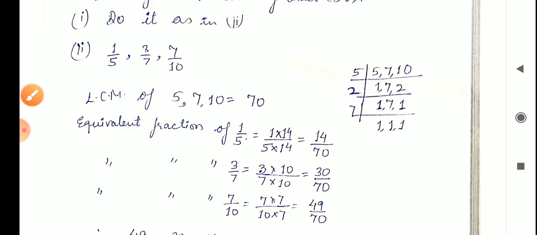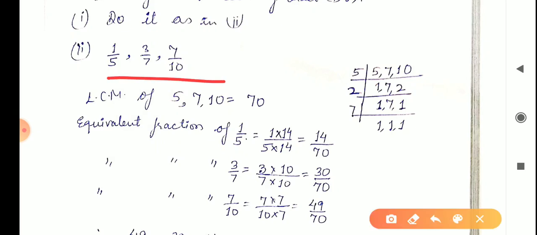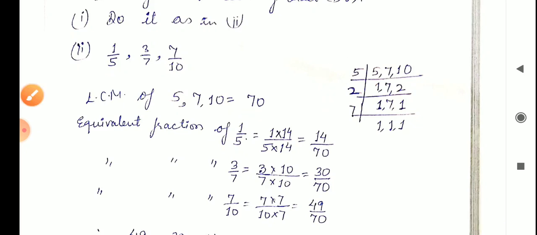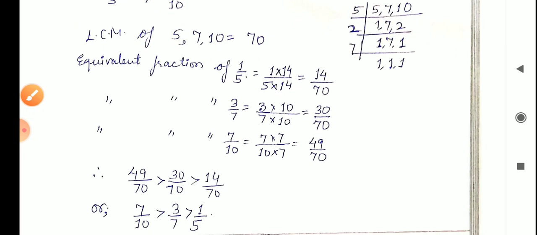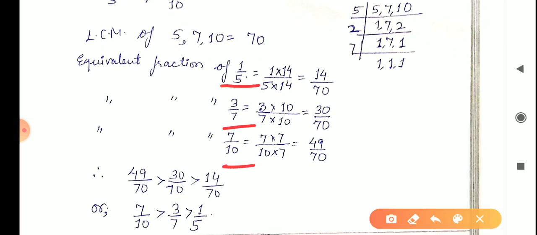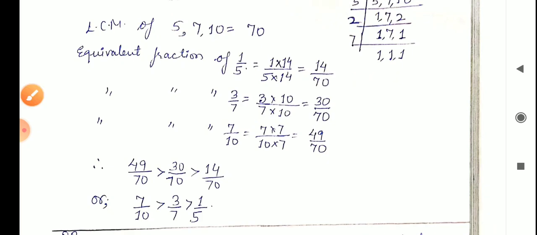So its LCM is, you can see from here, 70. Now the next step, find the equivalent fractions of all three fractions, that is 1 by 5, 3 by 7, 7 by 10. We see that 14, 30, 49 are in the numerators and 70 is in the denominator.